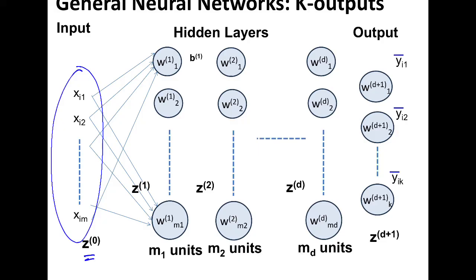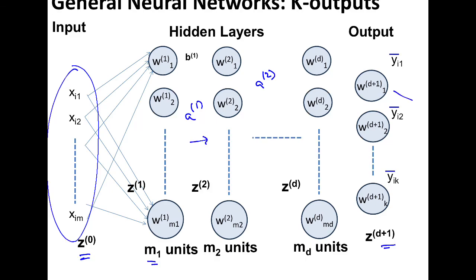Through the first hidden layer, I get m1 units, and I get an output which is a1, and then it gets fed into the next layer through w superscript 2's, and I get an output which is a2, and so on, all the way till the final, and then here I combine them to get my loss function. Right?